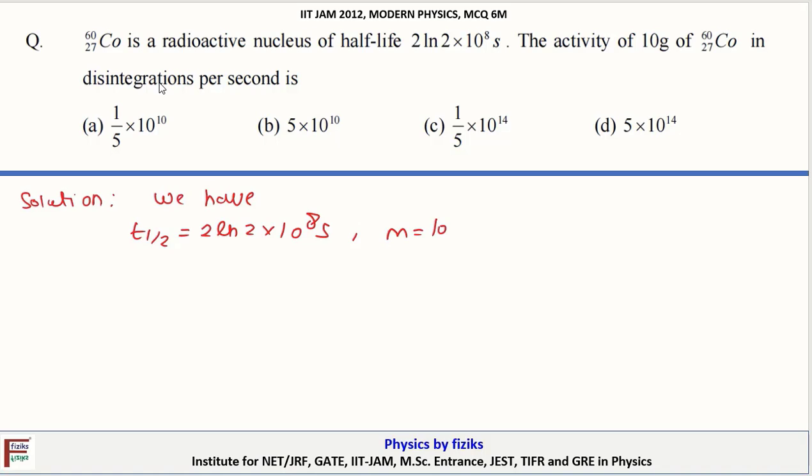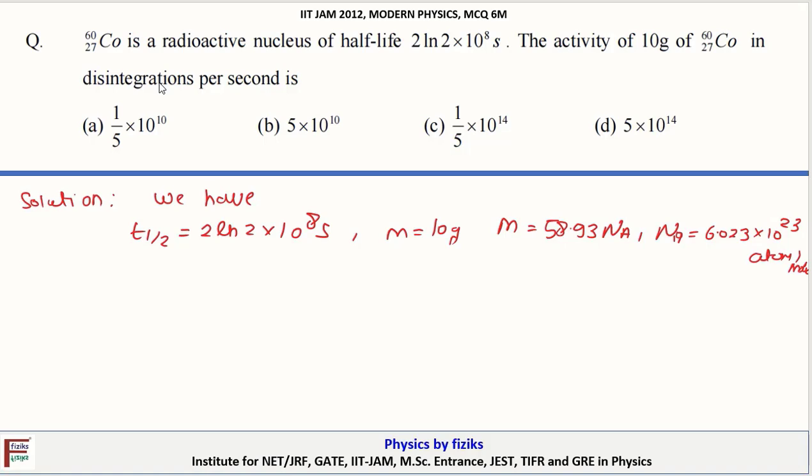M is equal to 10 gram. Molar mass is 58.93, Na is the Avogadro number, and Na is equal to 6.023 into 10 to the power 23 atoms per mole.